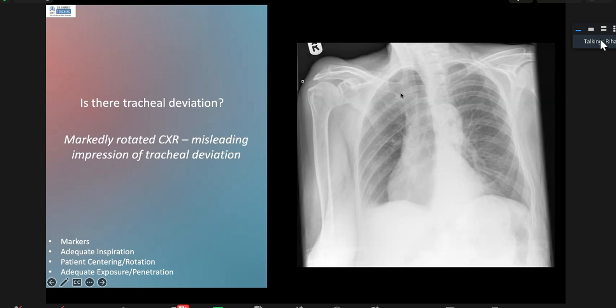Like I said earlier on, we can tell this due to the distance between the medial ends of the clavicle. If we look at the right side, the distance is greater than that on the left. Because of this, we can't comment on the tracheal position. Also, another thing to note is that we can see the lucency of the trachea over there.